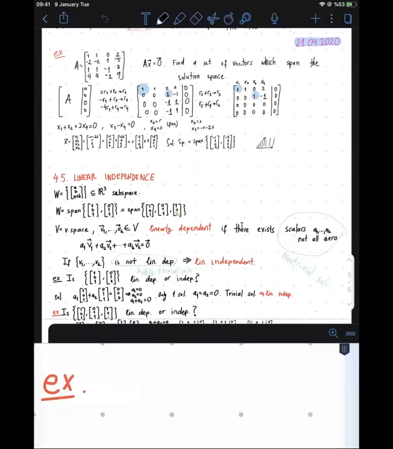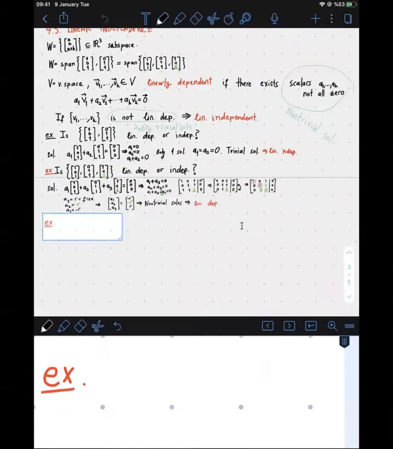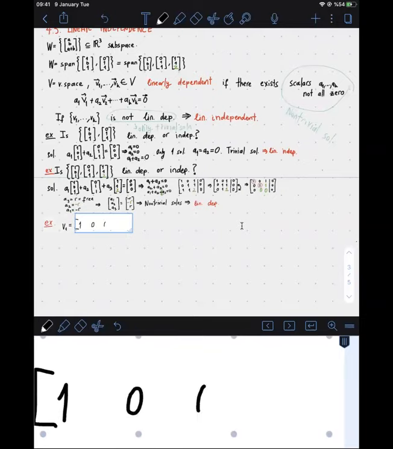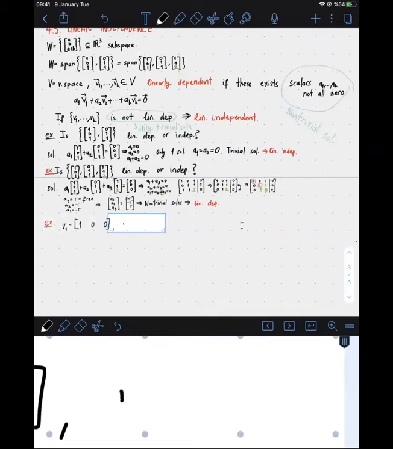Let me give one more example before moving on. This is an easy question. Let's look at these three vectors. v1 is a row vector, the 1, 0, 0 vector. Then we have v2, the 0, 1, 0 vector.